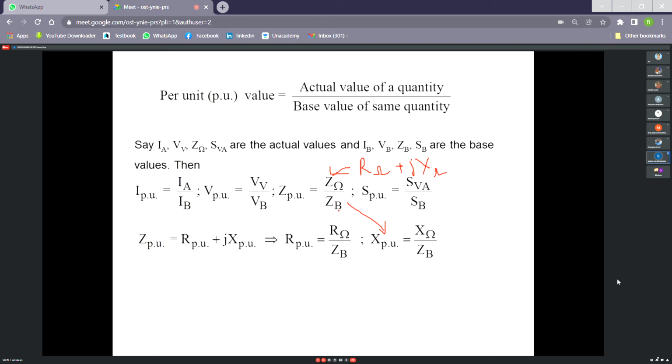Similarly for the powers. Powers also: active power by base MVA, reactive power by base MVA, not active power by base active power. There is no concept of base active power.